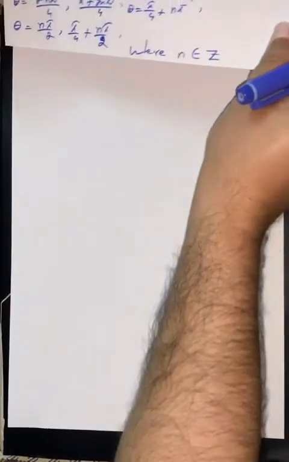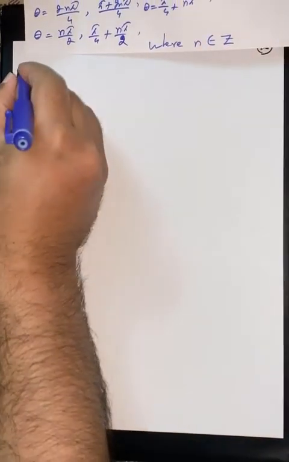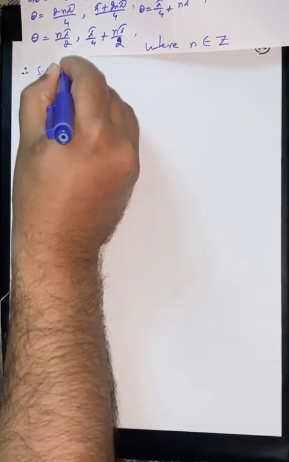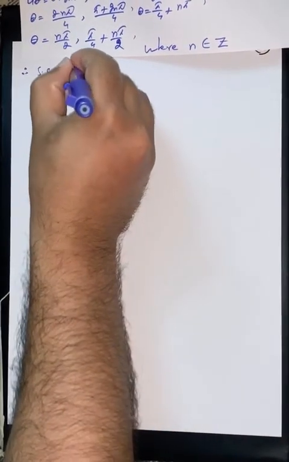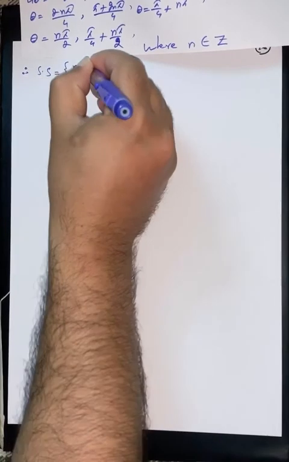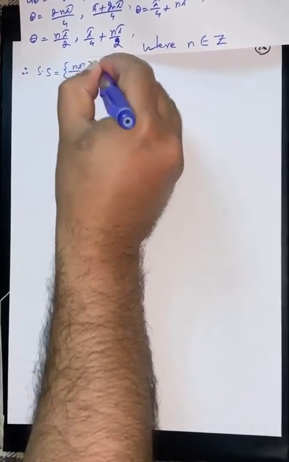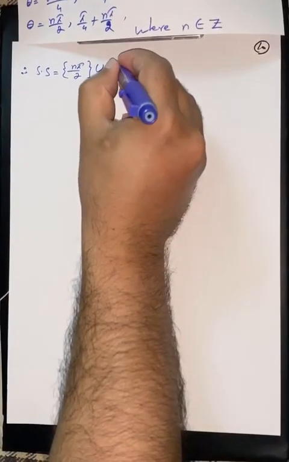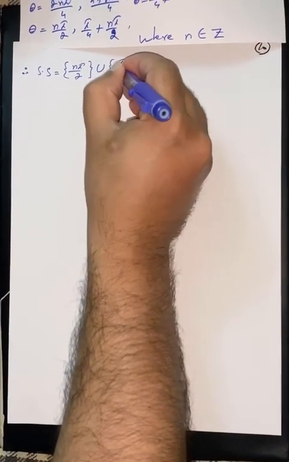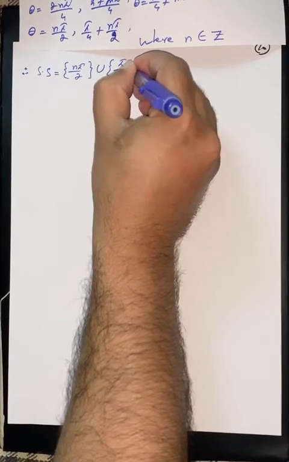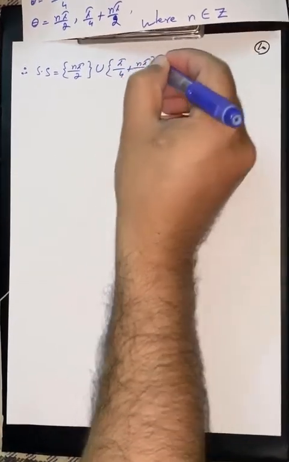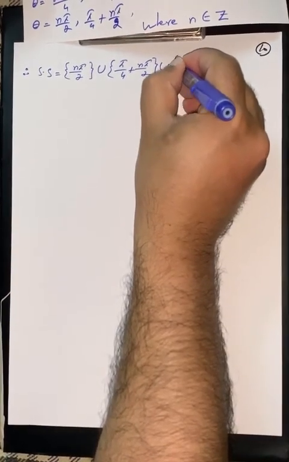Here we have, therefore, solution set. First solution set is n pi by 2 union, then we have pi by 4 plus n pi by 2 union.